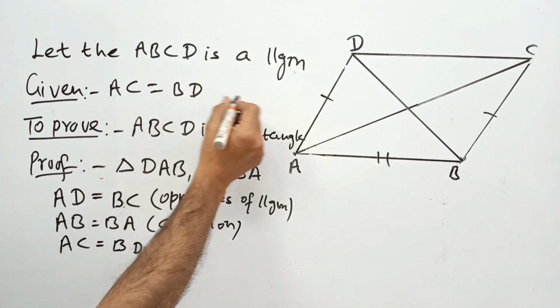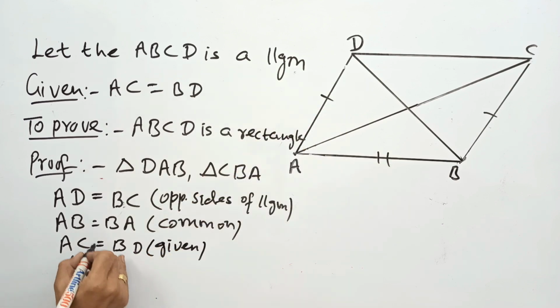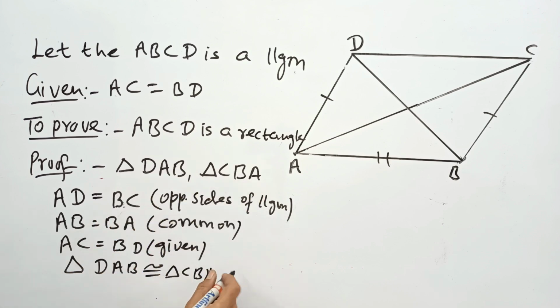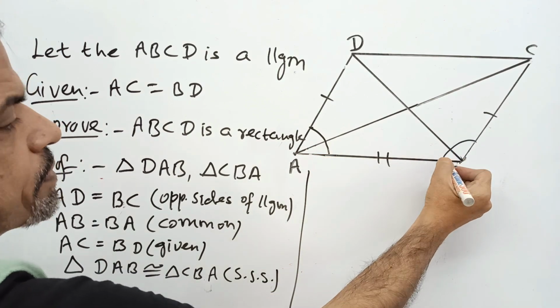AC equals BD, diagonals are equal, given in the question. So triangles DAB and CBA are congruent by side side side. Therefore these two angles are equal by CPCT.